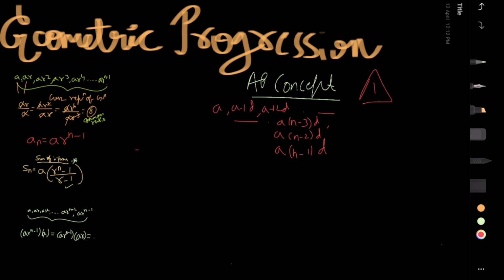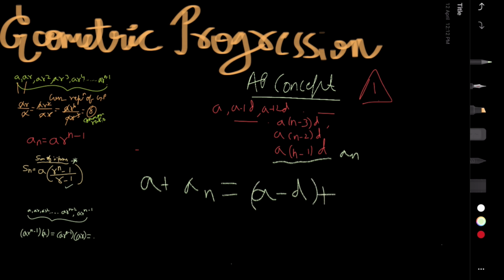If we confuse, that's a waste. A1 is A, A2 is A minus D, and this continues until A_n minus 1.